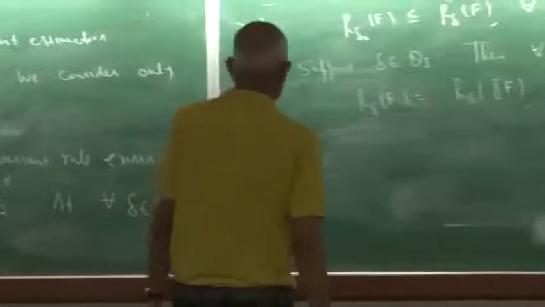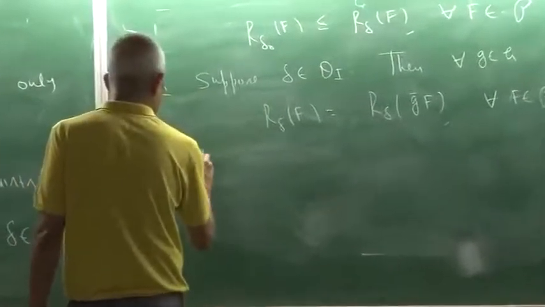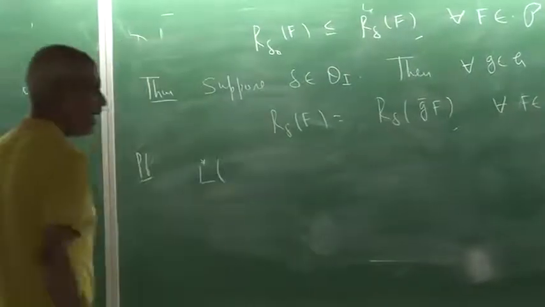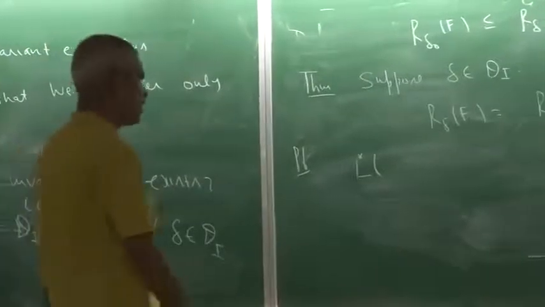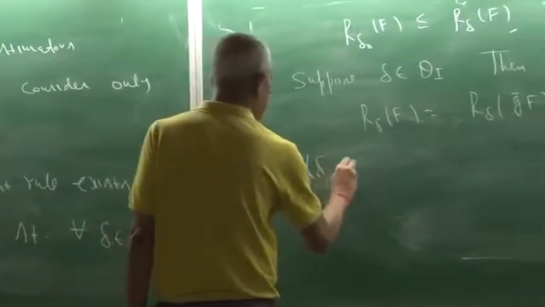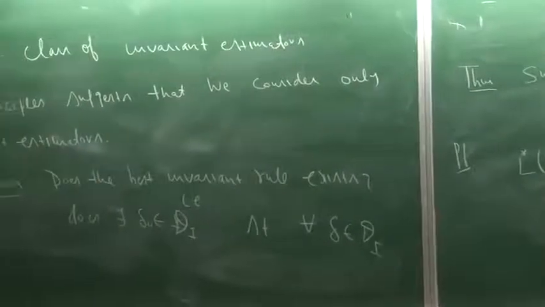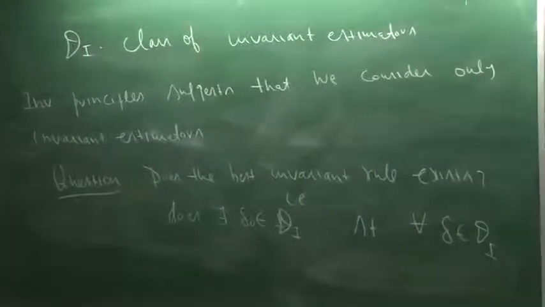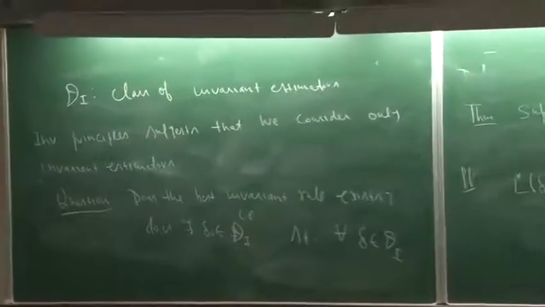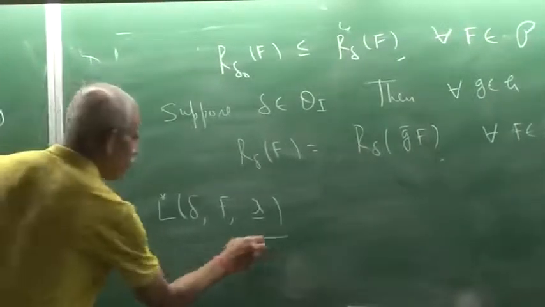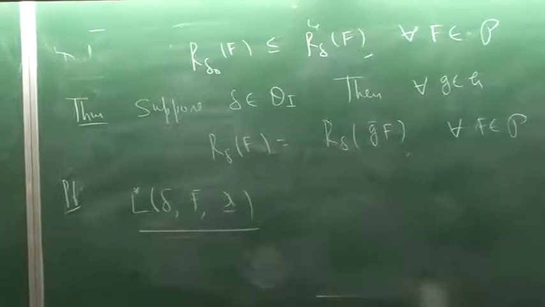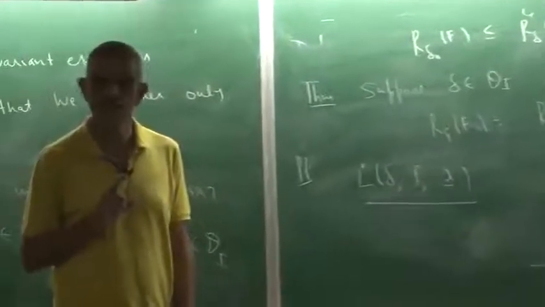So let us try to see what is L star of delta, f, x. Let me try to see if I'm using the correct notations. Yeah. So this is the average loss after the first randomization. What is my loss function? My loss function is L(f, a).